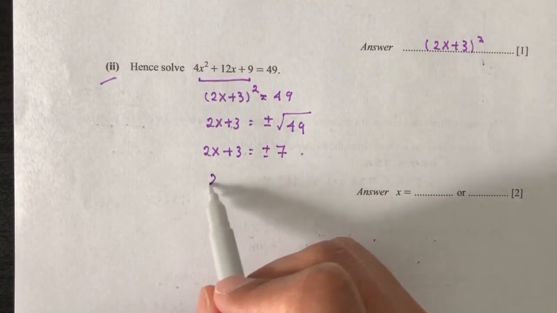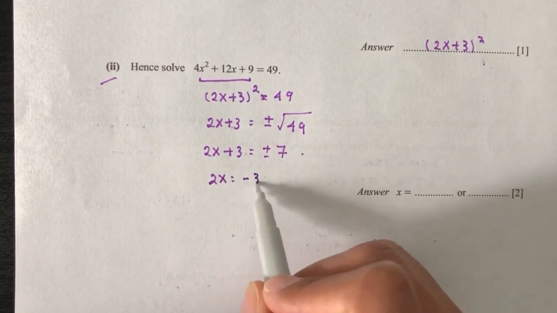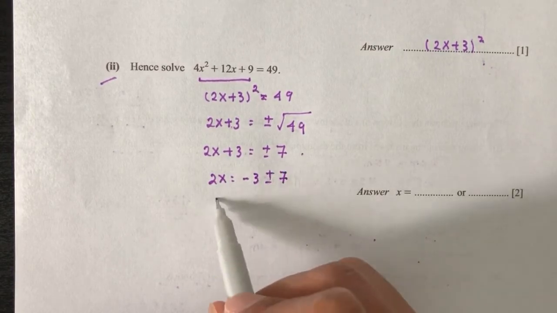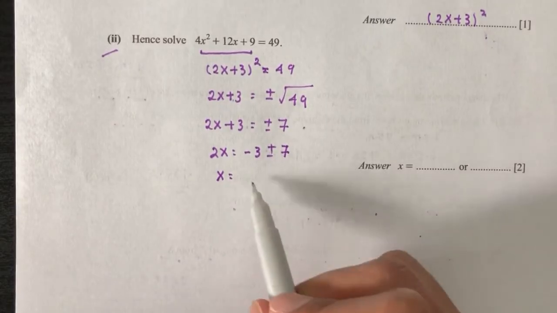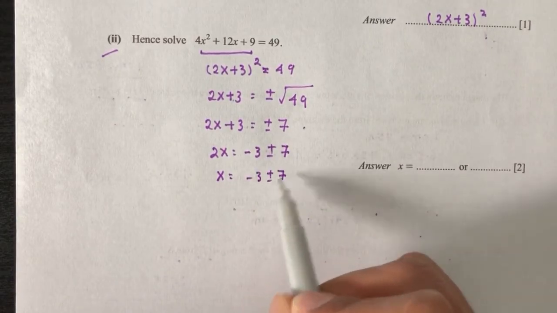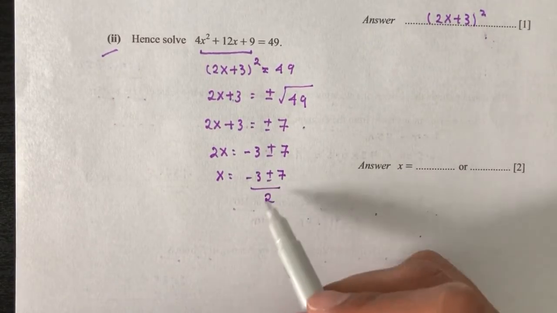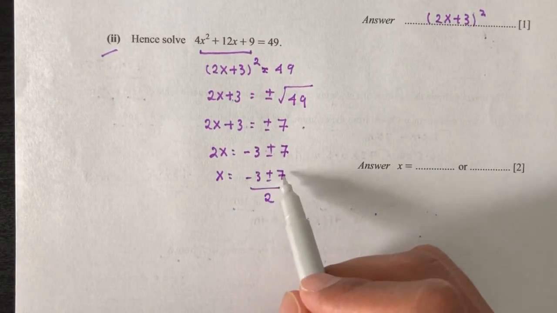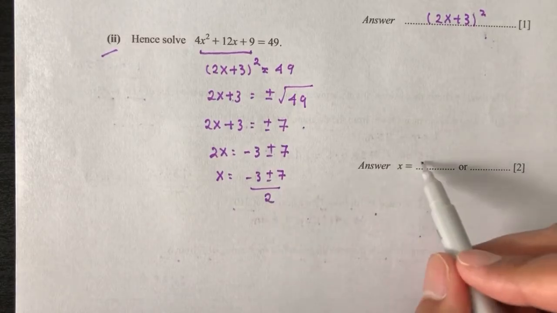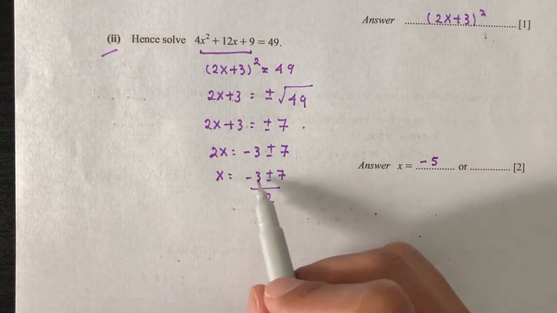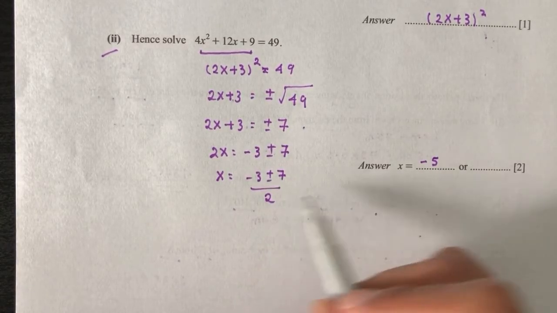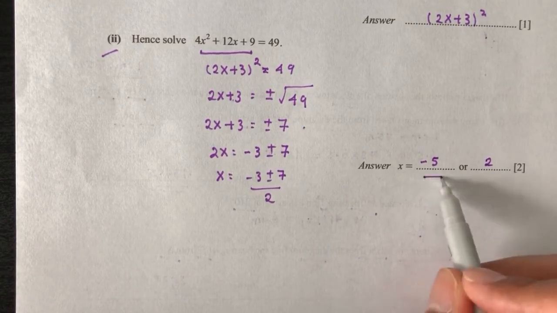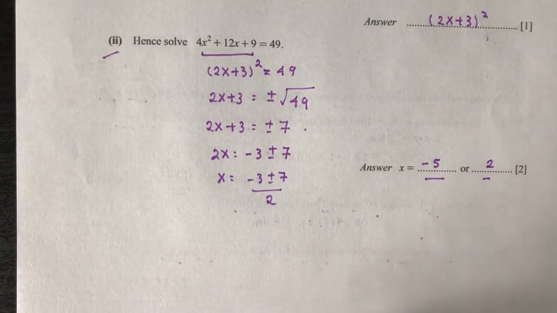Now one more time, 2x equal to minus 3 plus minus 7. X will be minus 3 plus minus 7 divided by 2. So for first value of x, we'll take minus 3 minus 7 will be minus 10 divided by 2 will be minus 5. And then minus 3 plus 7 is 4 divided by 2 will be 2. So these are the two values of x.